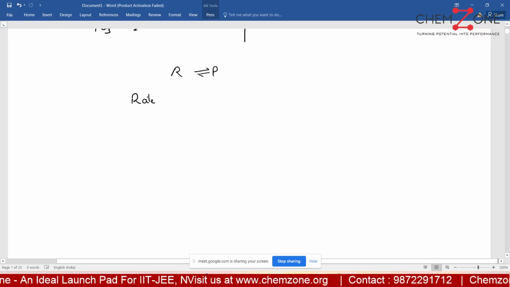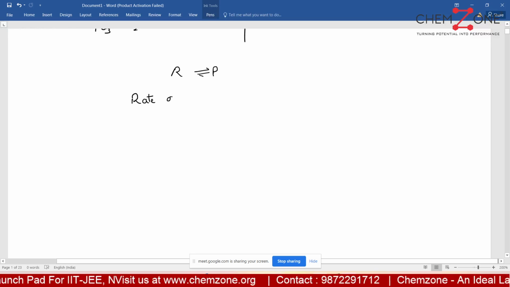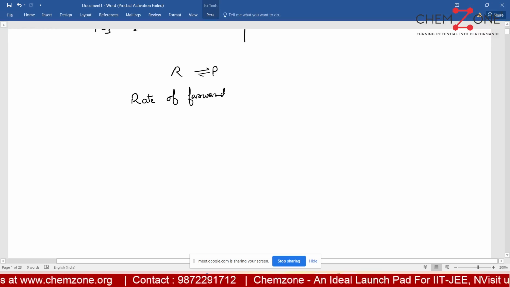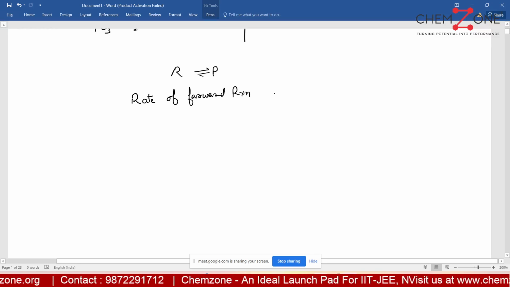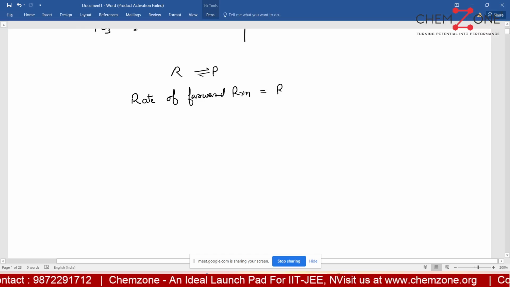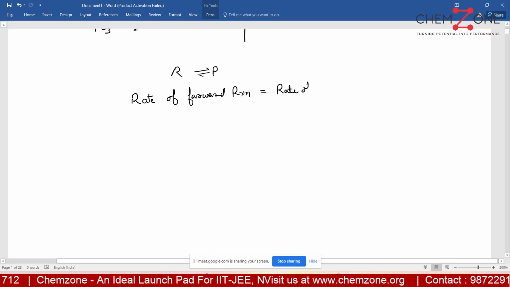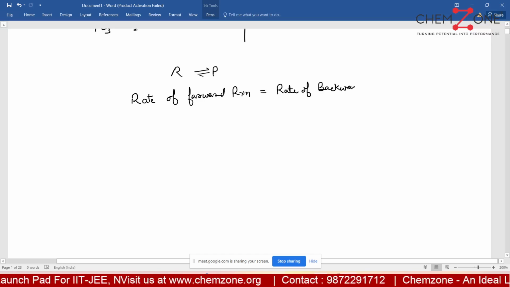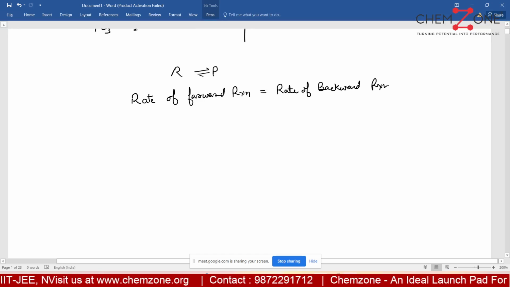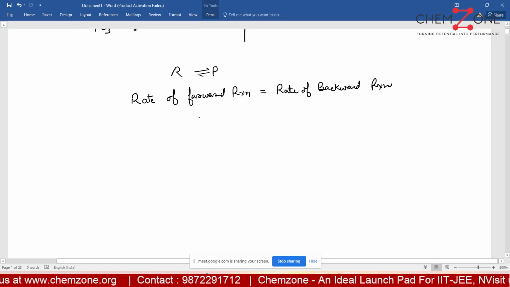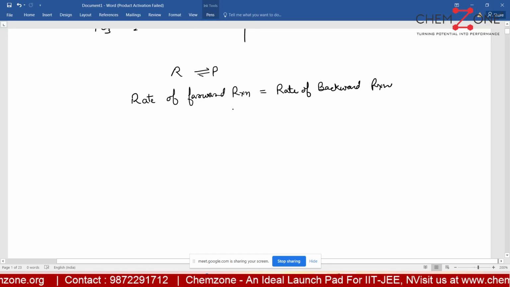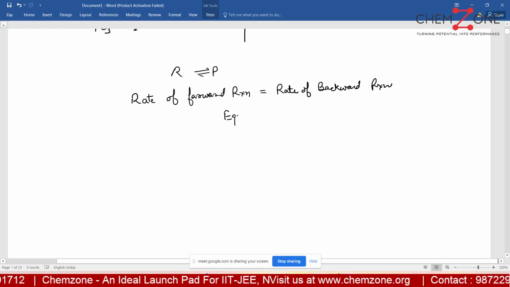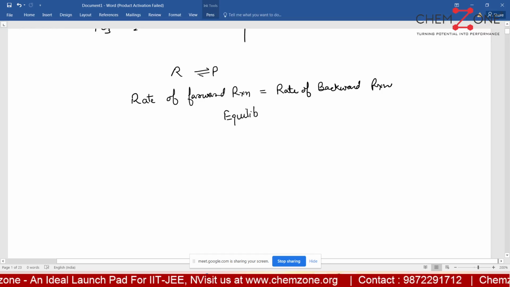A state is achieved when the rate of the forward reaction becomes equal to the rate of the backward reaction. That reaction is called a reversible reaction, and the state is called the state of equilibrium.